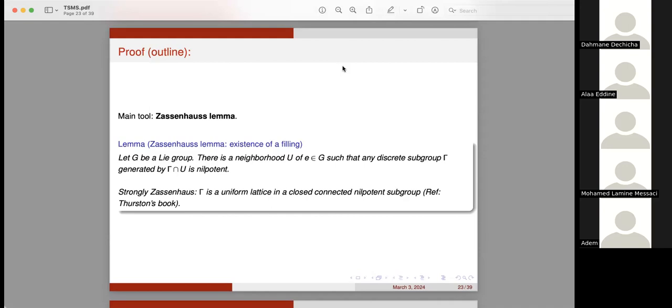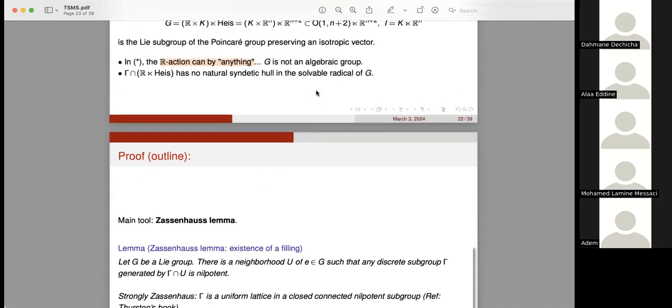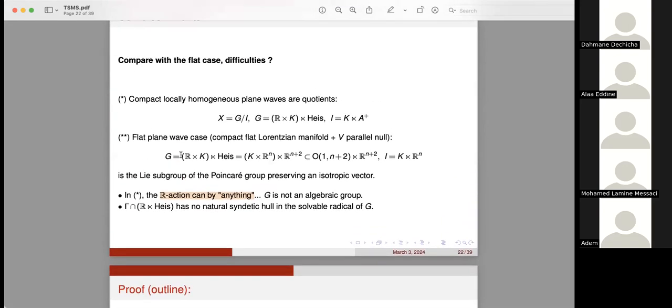Before going to the proof, let me also point out that when the action of R here is well, there is a subfamily of these plane wave metrics, which we call Cahen-Wallach spaces, which are exactly the plane waves which are globally symmetric spaces.